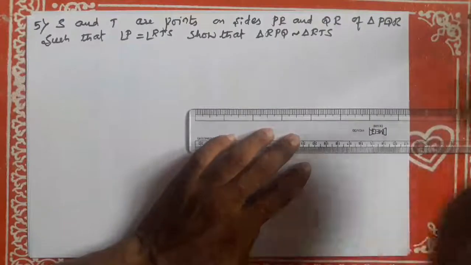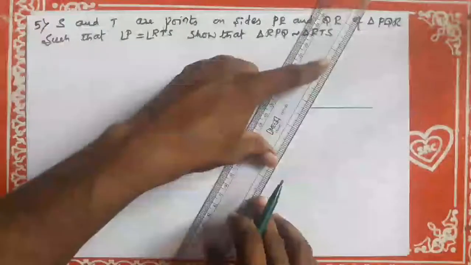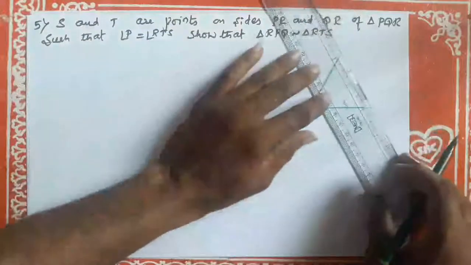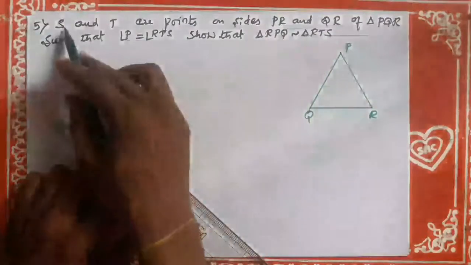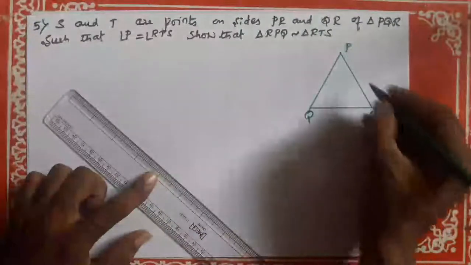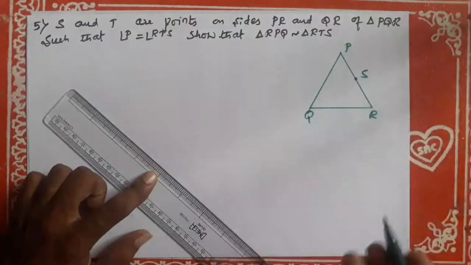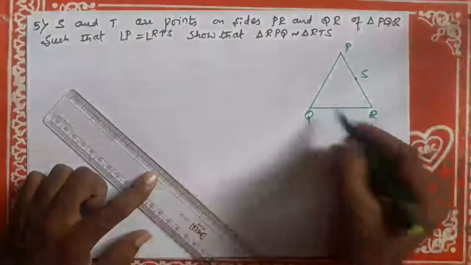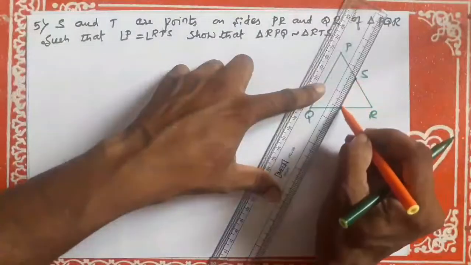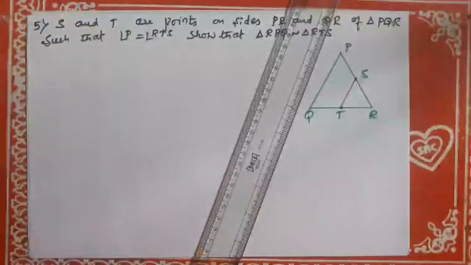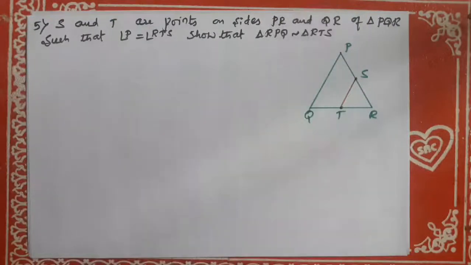Triangle PQR I will draw. S is on PR and T is on QR.